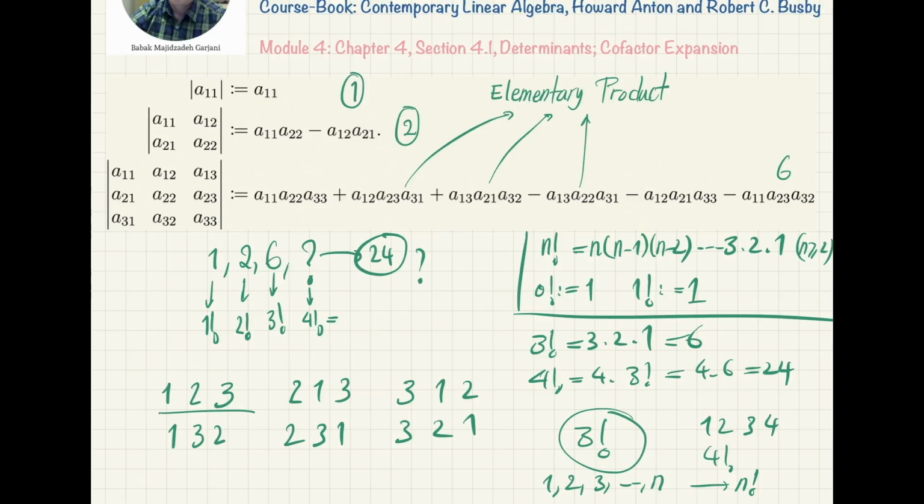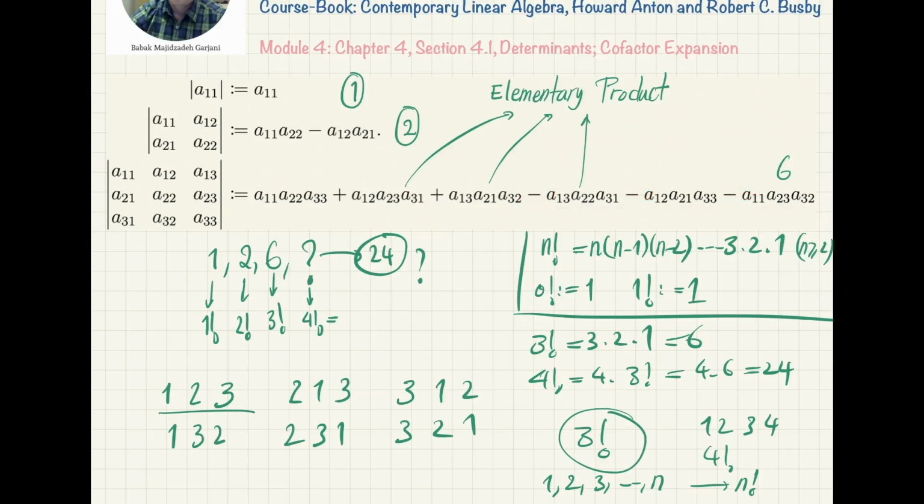Another important issue is, as you see, sometimes an elementary product comes with a positive sign. Sometimes it comes with a negative sign. Here, three of them come with positive signs, and 3 of them come with negative signs.